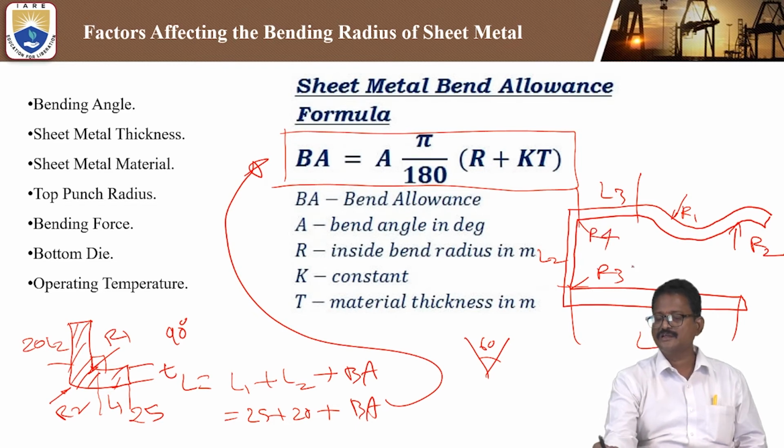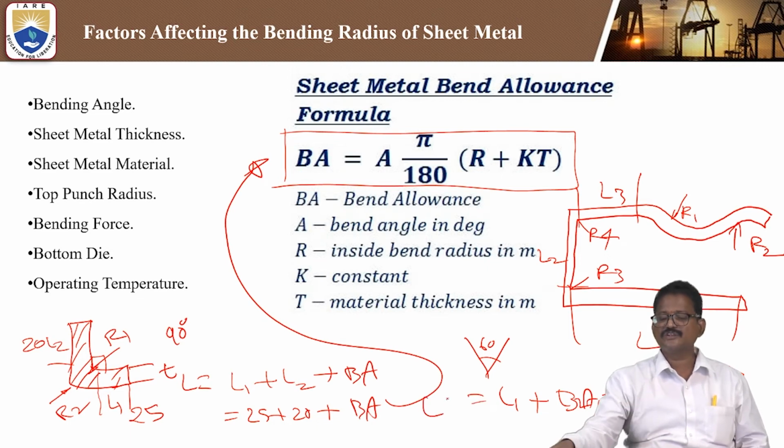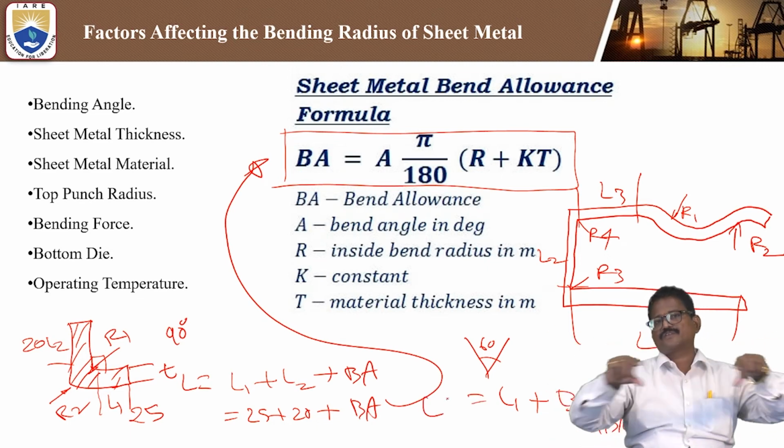So the total is L1 plus BA1 plus L2 plus BA2 plus L3 plus BA3 plus BA4. Like that, you can calculate the total length of the sheet or workpiece.